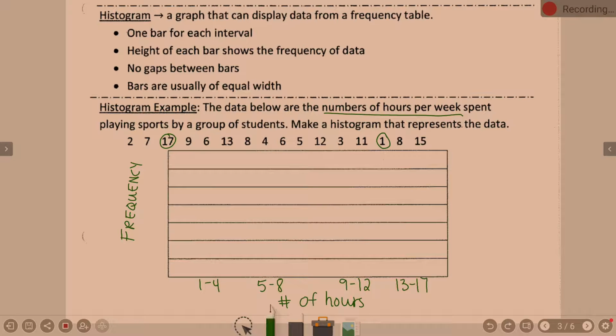You have options here. You can just kind of go through and count. Yeah. And that might be easiest, or you can kind of make a frequency table off to the side if that's helpful. So if we look at 1 through 4, oh, by the way, we need to label our frequency at the left. Obviously, the bottom line is 0. This line would represent 1, 2, 3, 4, 5, 6, 7.